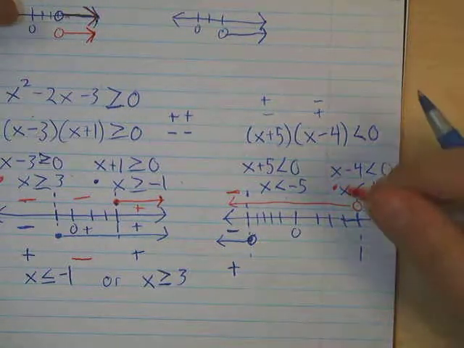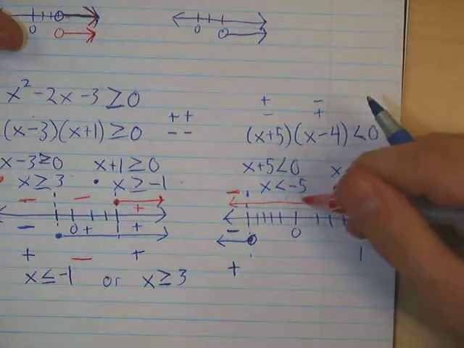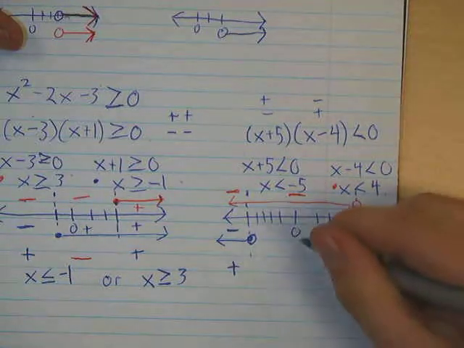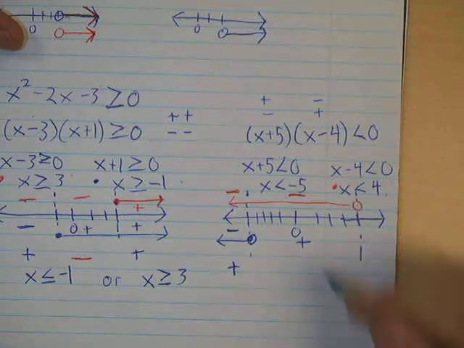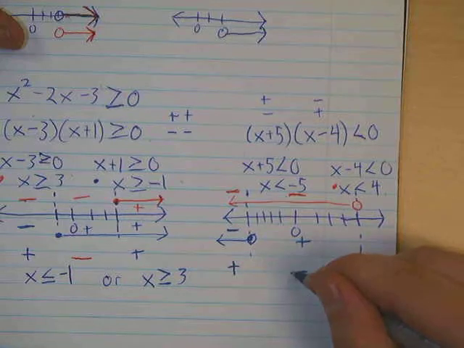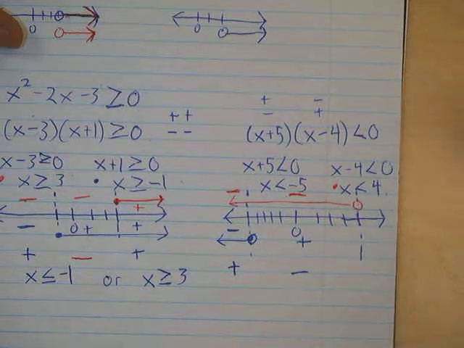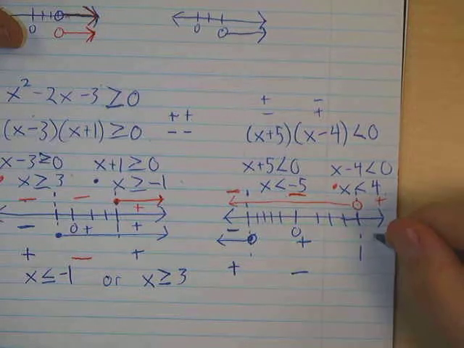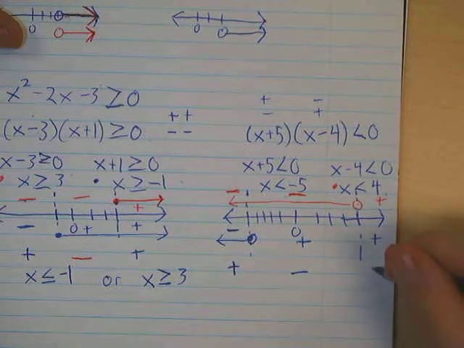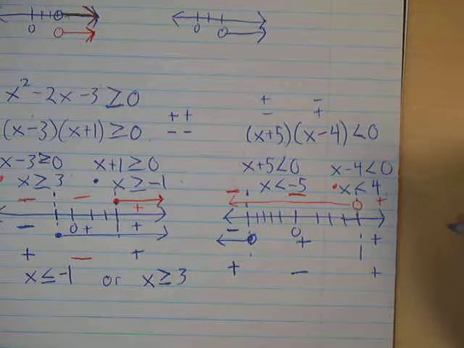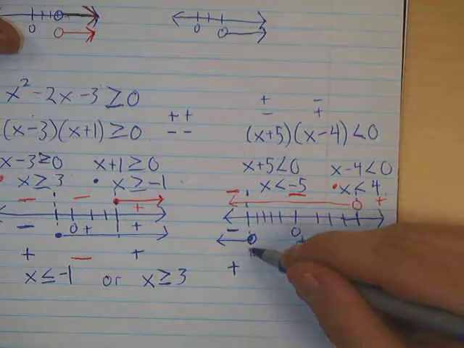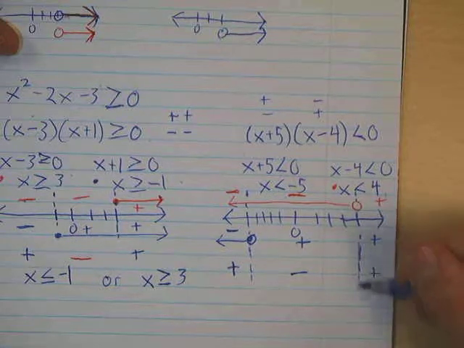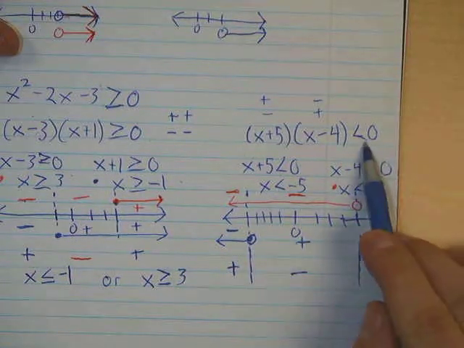So I have a negative value for my red, a negative value for my blue, which gives me a positive value down here when I multiply them together. Here I have a negative value for my red, a positive value for my blue, so when I multiply them together, I will get a negative. And lastly, a positive red out there, a positive blue for a positive.